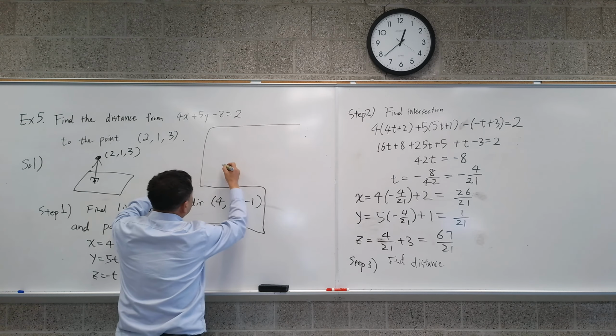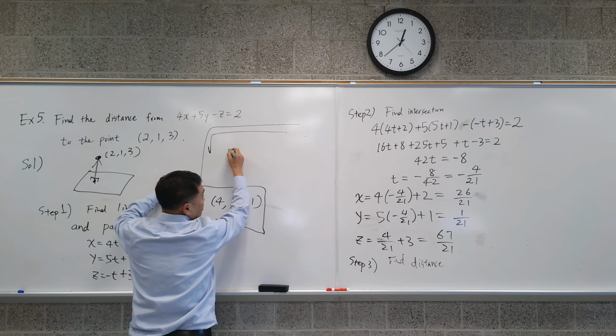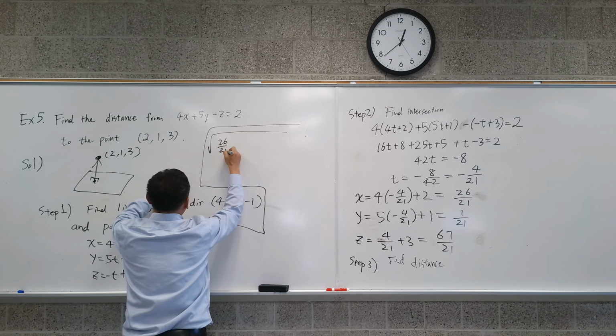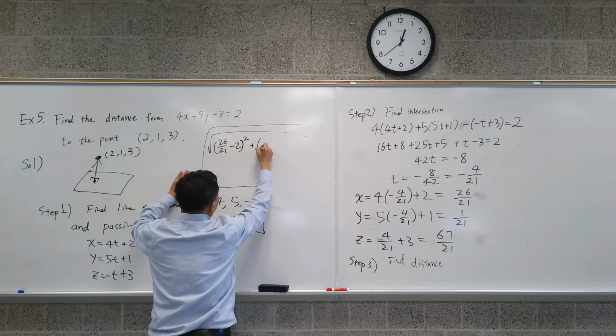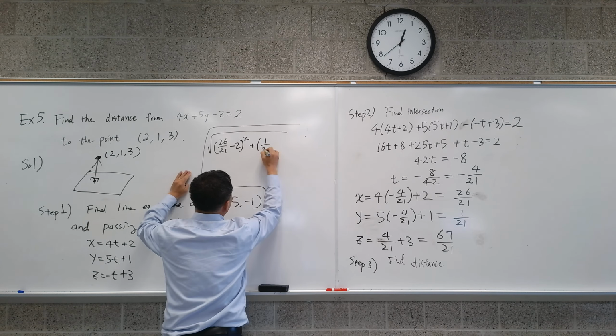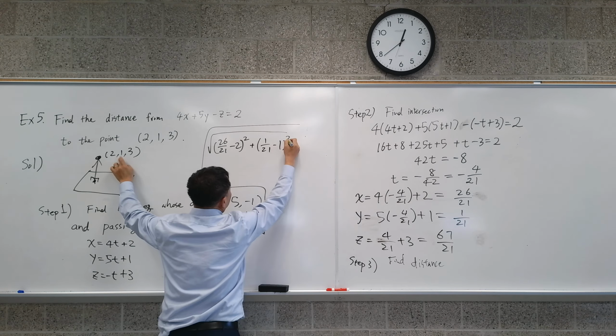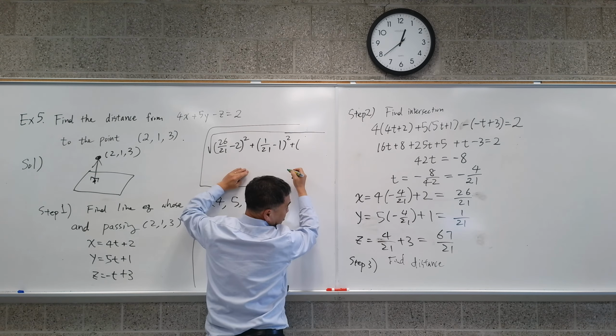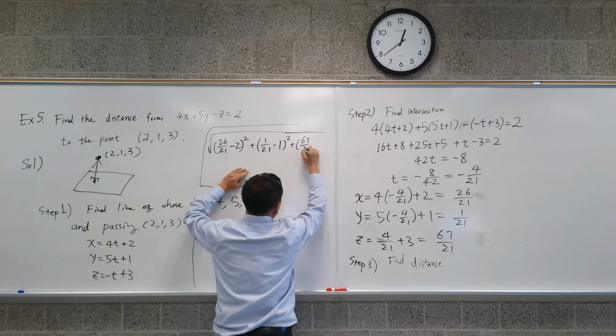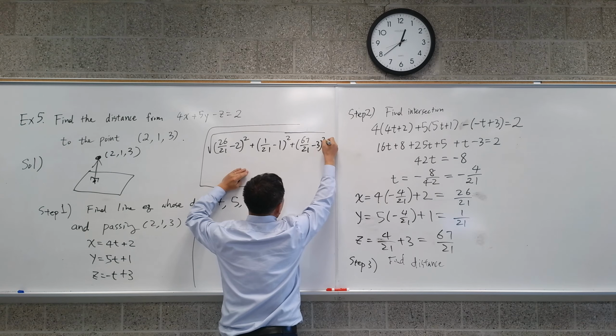So it's going to be the square root of (26/21 minus 2) squared plus (1/21 minus 1) squared plus (67/21 minus 3) squared.